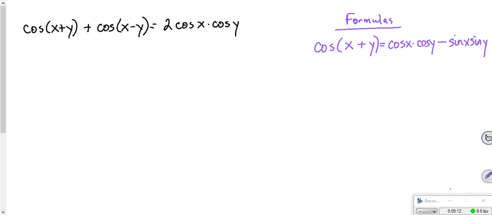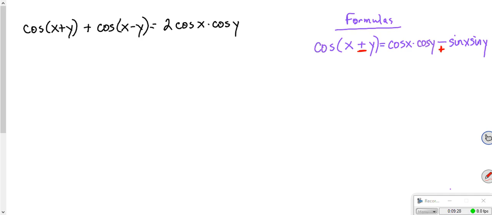Now remember, the plus and minus on cosine are kind of backwards. So this plus goes with the minus on the right-hand side, but if there's a minus in the middle, then it turns to a plus on the right-hand side. Okay, so that's my cosine formula.